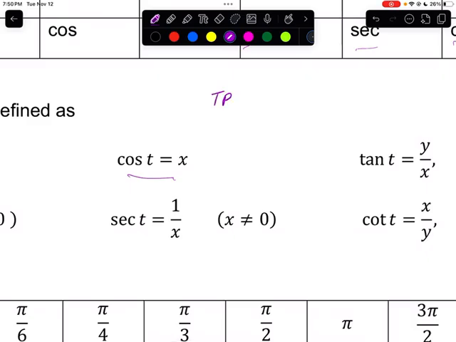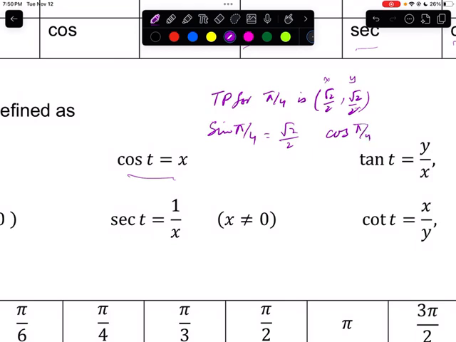For example, if you recall, the terminal point for pi over 4 is square root of 2 over 2, comma, square root of 2 over 2. This is the x coordinate, this is the y coordinate. If I ask you what is sine of pi over 4, you'll say square root of 2 over 2, because it's the y coordinate. What is cosine? By chance these are the same, so cosine of pi over 4 is also square root of 2 over 2.